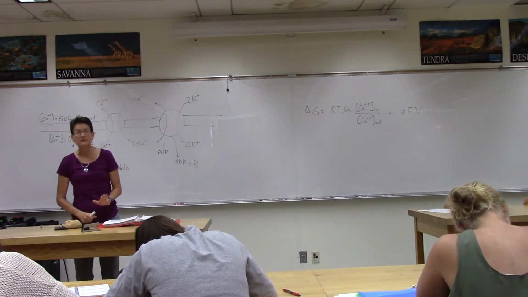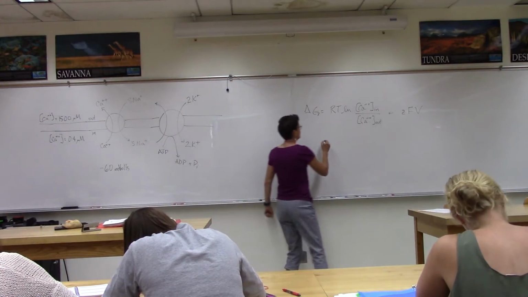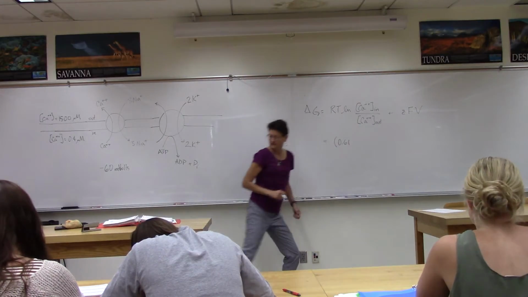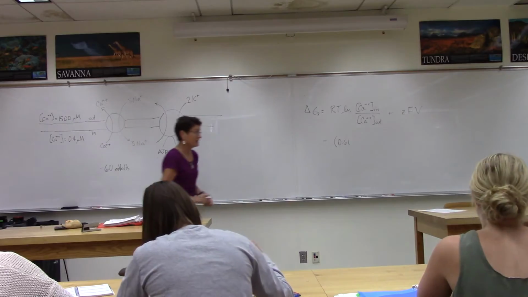Okay, so plug in what you know of these numbers. And I'm going to give you the value for R times T. Let's see which one I use. Every once in a while I use a different value and I don't know why.